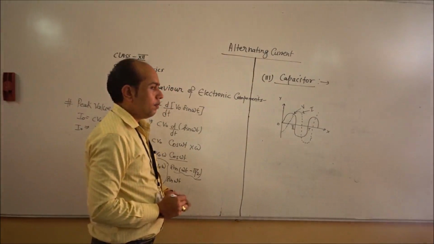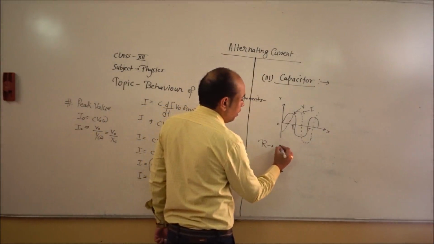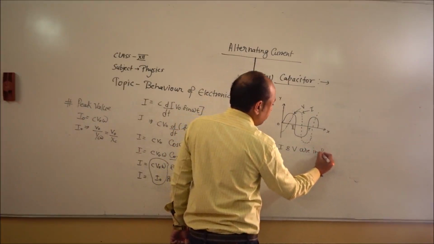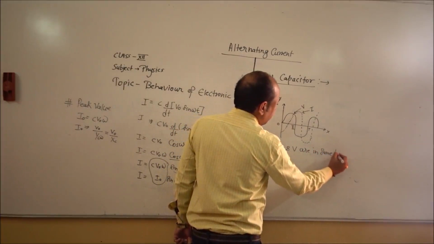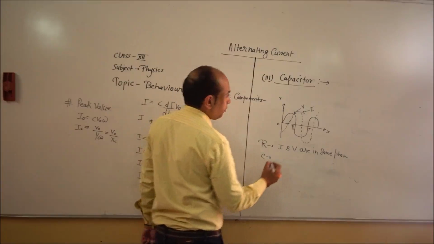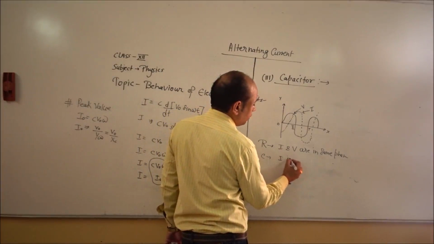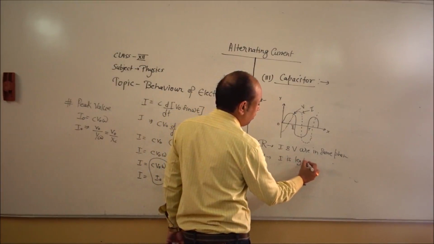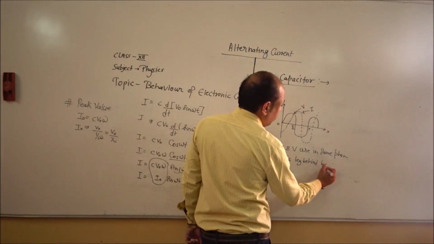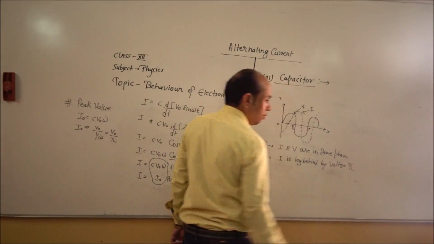So what we see, in case of resistance, both current and voltage are in the same phase. In case of capacitor, current lags behind voltage by phase angle pi by 2.